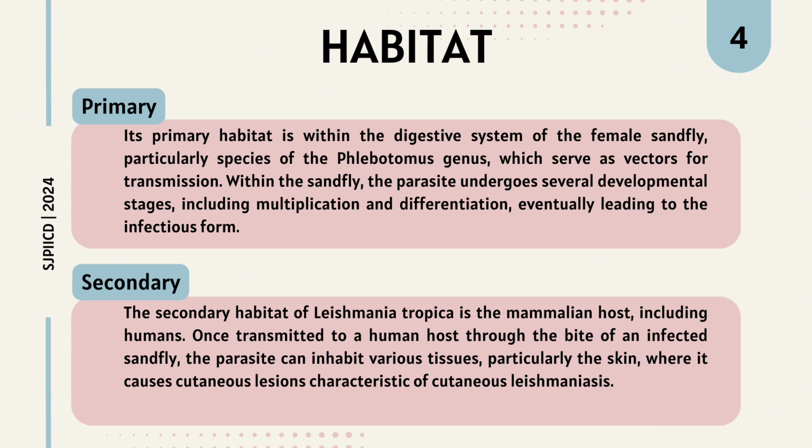The secondary habitat is the mammalian host, including humans. Once transmitted to a human host through the bite of an infected sandfly, the parasite can inhabit various tissues, particularly the skin, where it causes cutaneous lesions characteristic of cutaneous leishmaniasis.